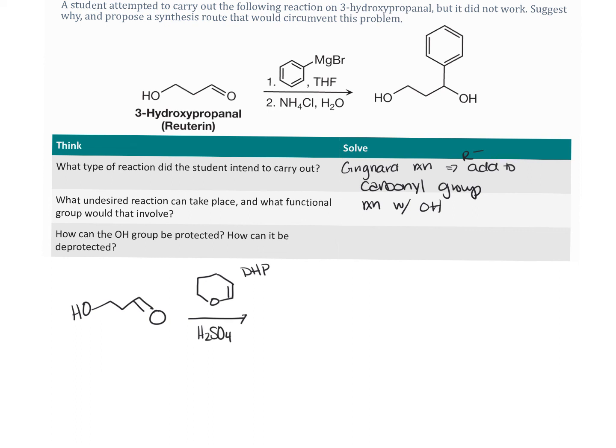So we're going to use H2SO4, and that comes in and it protects the alcohol. Right, like that. And so this is that alcohol, and actually let me just highlight that for you. That alcohol there is that one there, because there's a lot of oxygen, so I don't want you to lose that. Then now this can go through the Grignard reaction.